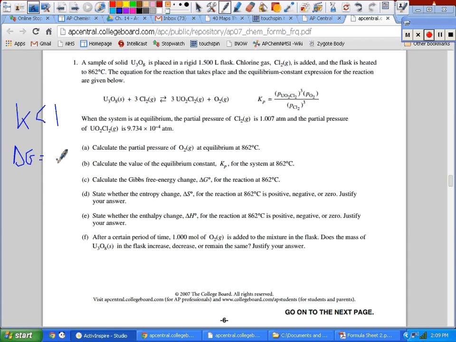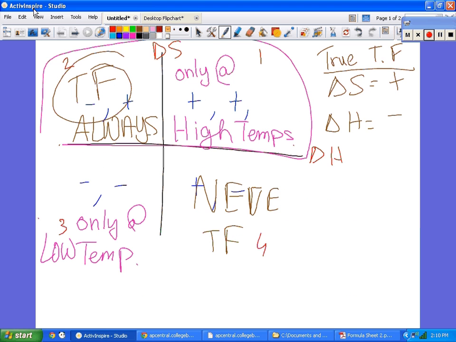Everybody okay with that? So based on these two things, we know that it's non-spontaneous, correct? However, delta S is positive. So if we go back to this thing, what do you think it's going to be? Only at high temperatures.